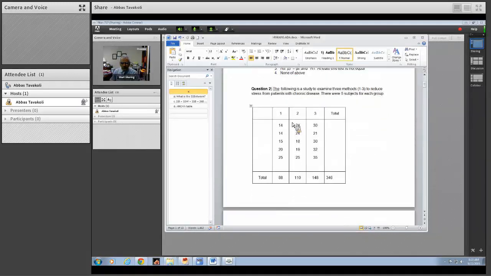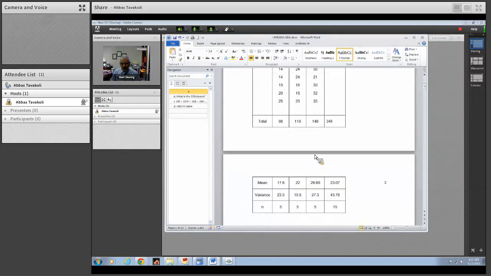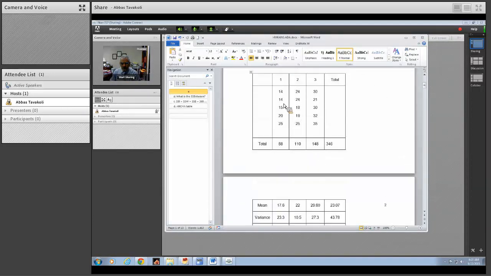We have question 2, about 3 methods to reduce stress in patients with chronic disease, and there were 5 subjects in each group. I gave you the total for each group. The group 1 total score was 88, 110.